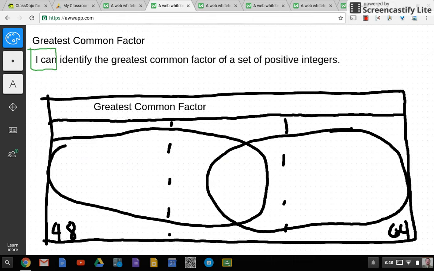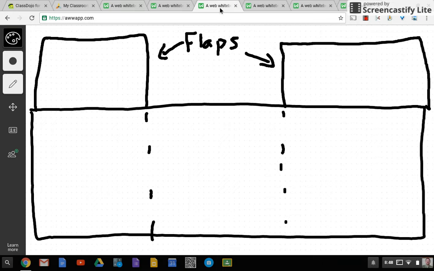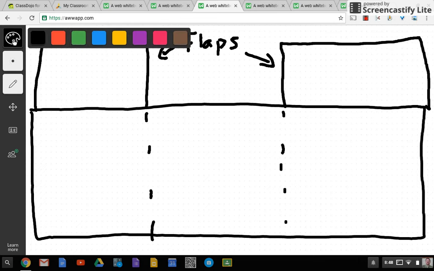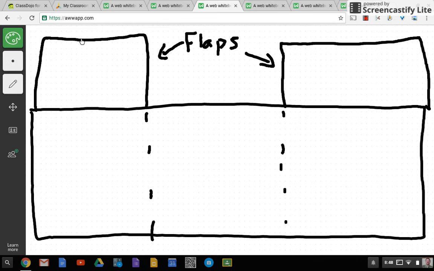I'm going to open up the 2 flaps, the one that says 48 and the one that says 64. So then I've got something like this. Okay, so inside of here, getting me a nice small writing stylus and a different color, I'm going to write the factors of 48.